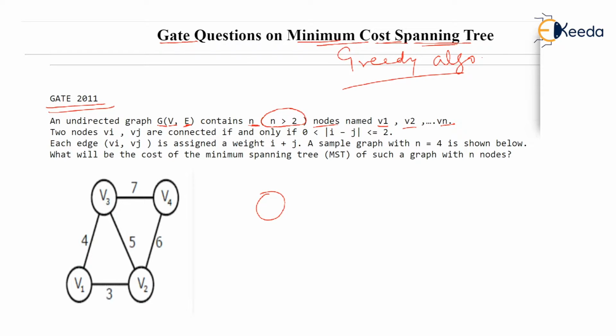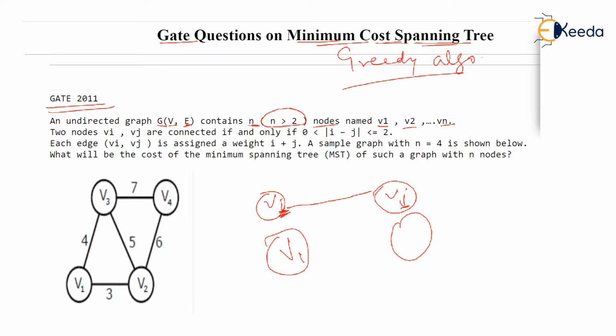They are connected if and only if the absolute value of i minus j is between 0 and 2. So the difference between the indexes of these vertices should not be more than 2 and neither be less than 0. So as an example, if we have vertex v1 and vertex v2, they will be adjacent, isn't it?